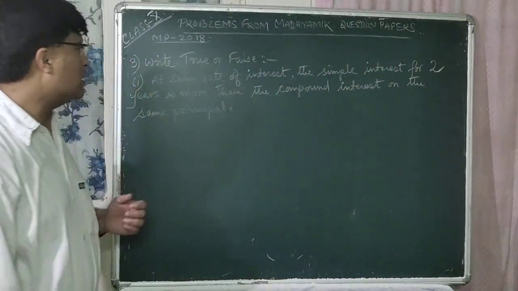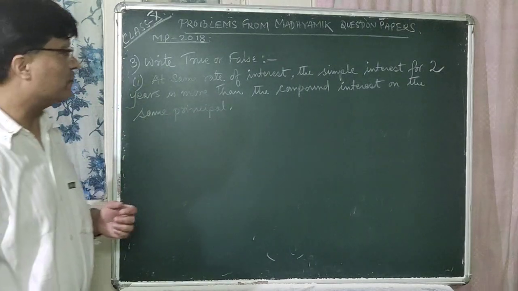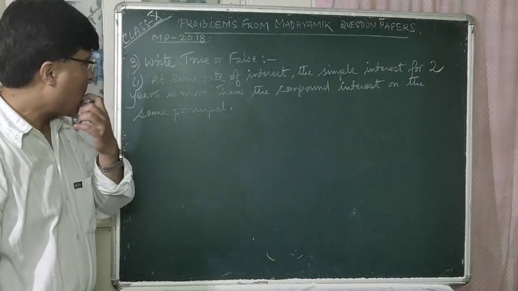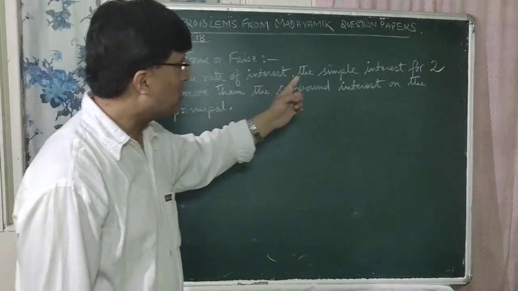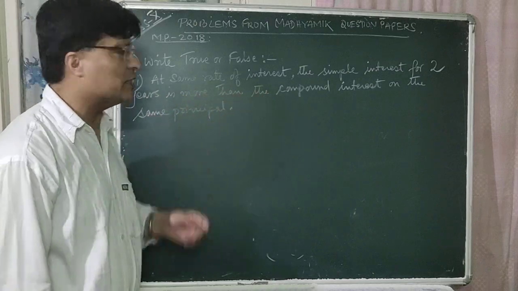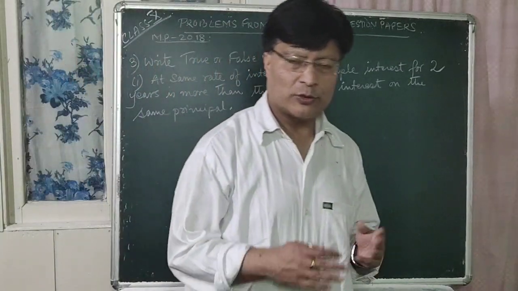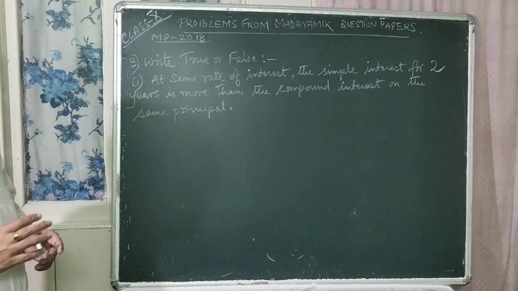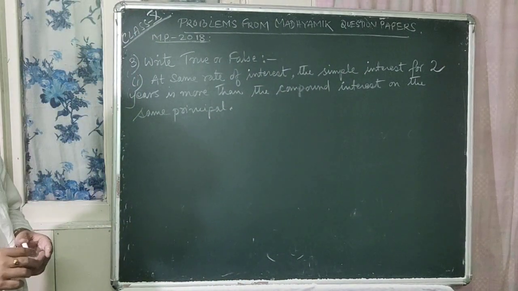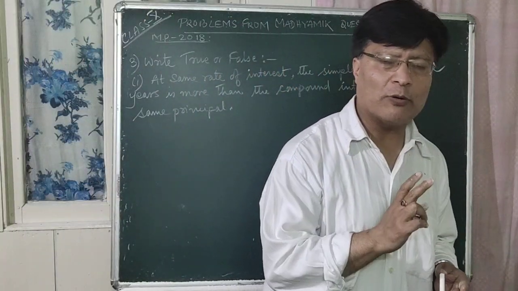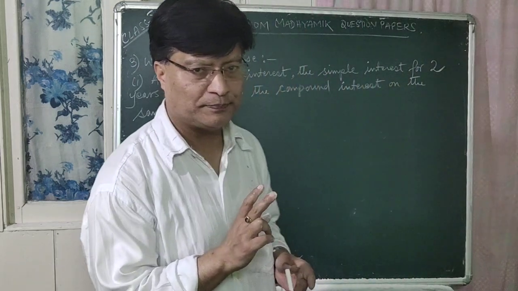So now the question is, at the same rate of interest, the simple interest for 2 years is more than the compound interest on the same principal. So in the question, the statement is given that the simple interest for 2 years is more than the compound interest on the same principal, right?